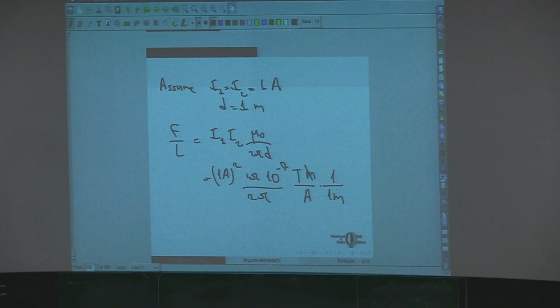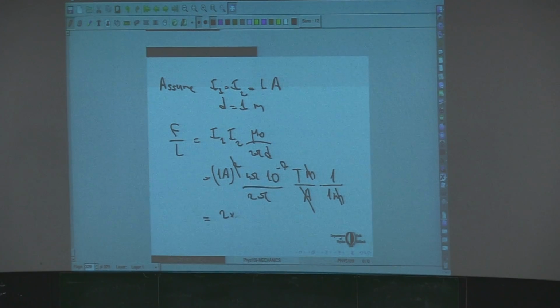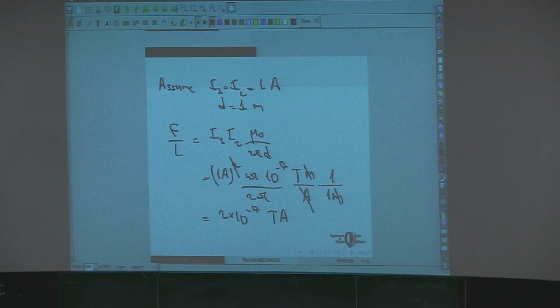So let's see, the meters cancel. This ampere cancels one of these. This is equal to 2 times 10 to the power minus 7 Tesla times ampere.